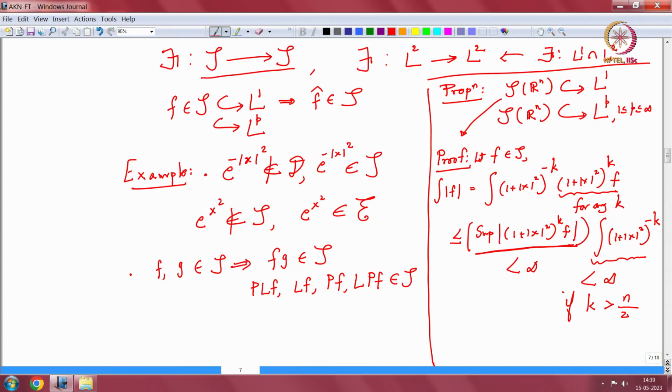The continuity can also be proved easily. If fl converges to 0, that is the continuity in zeta, because that is a uniform convergence of all its derivatives. You can use this same trick here. I will leave it as an exercise for you to prove it.